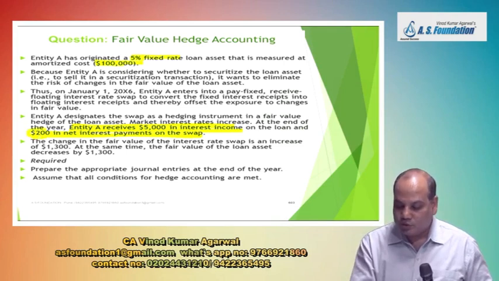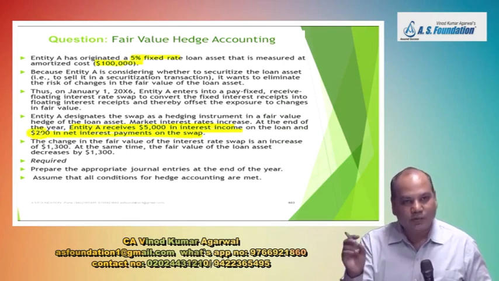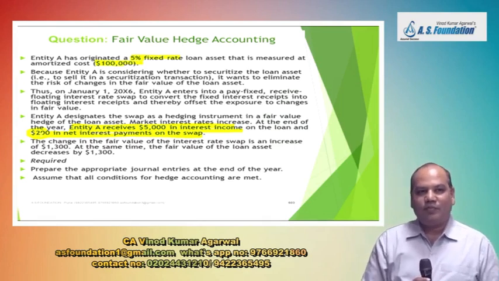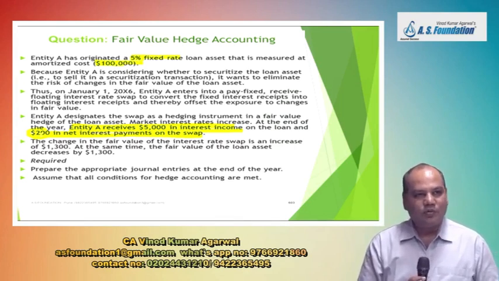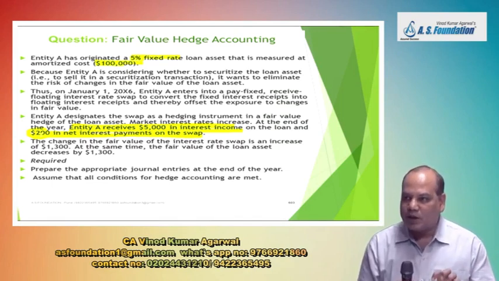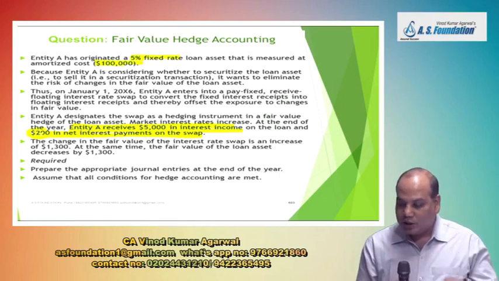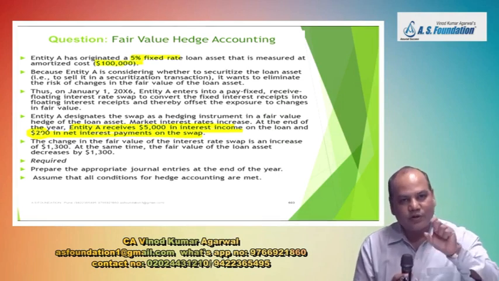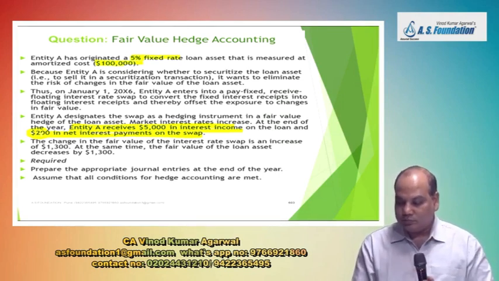You will not be able to check how this $200 has come. They have given it. It is the difference between fixed and floating rate. Since the amount is given, pass the entry for this amount. Had it not been given, then we would have to calculate. In one other problem, we will see the calculation of this difference also. Don't worry.